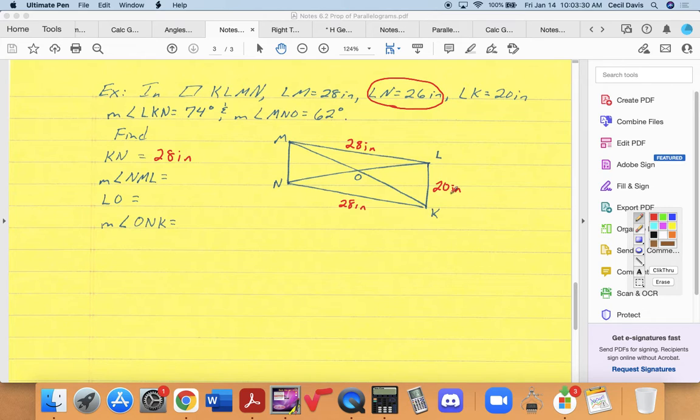That has nothing to do with the 20, does it? But it does have to do with this. If this entire diagonal is 26, and the diagonals in a parallelogram bisect each other, that means they cut each other in half, how much is each piece? 13. So this is 13 inches.